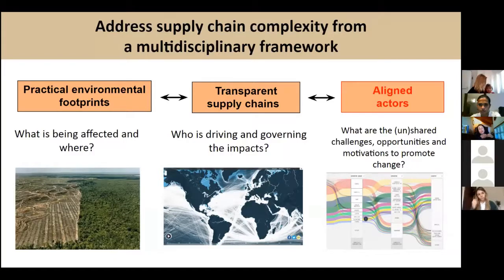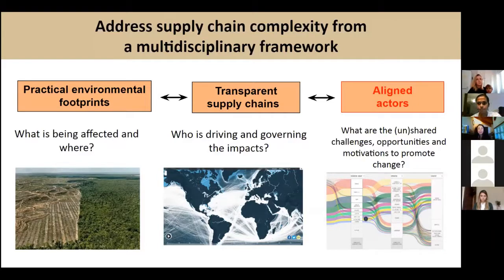Another line of information is an approach that tells us how to make supply chains more transparent. It means, who are the actors or the entities that are driving and governing the impacts estimated by the footprint. And then another component is to know to what extent actors along the supply chain are aligned.